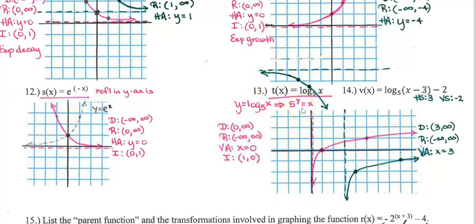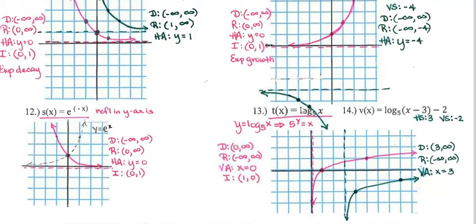All right, so if I have 5 to the y is equal to x, because exponentials and logarithmics are inverses, if I know that the exponential function has an intercept at 0, 1, then for its inverse, the logarithmic, it's going to have an intercept at 1, 0. If I know that the horizontal asymptote is at y equals 0, then on the inverse, it would be a vertical asymptote at x equals 0.